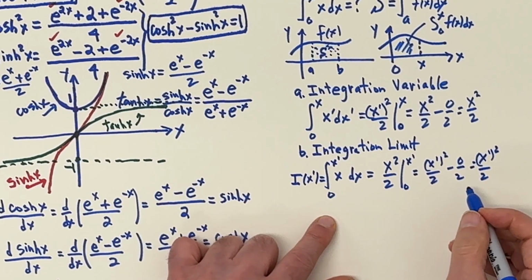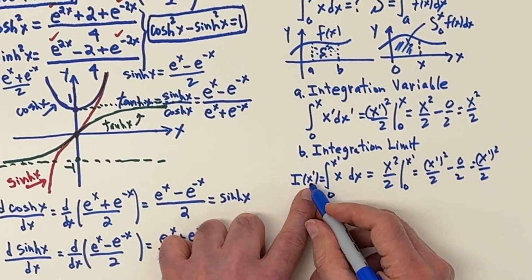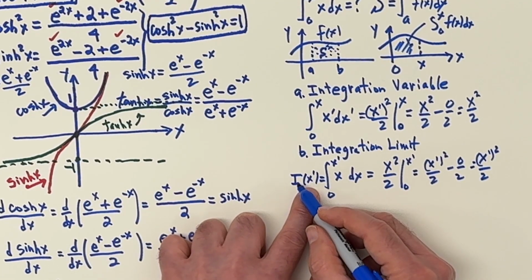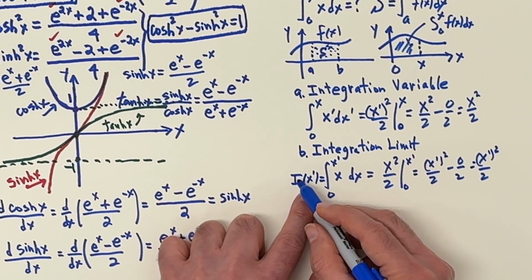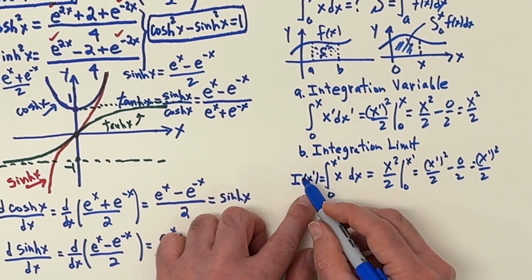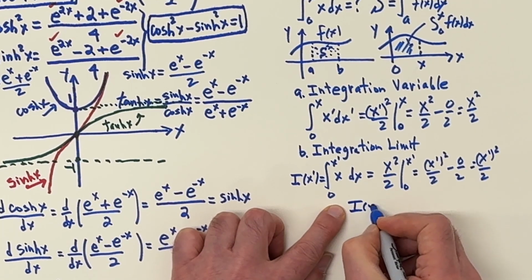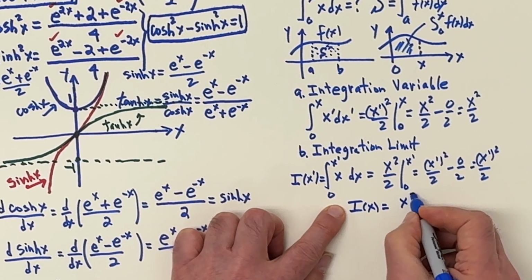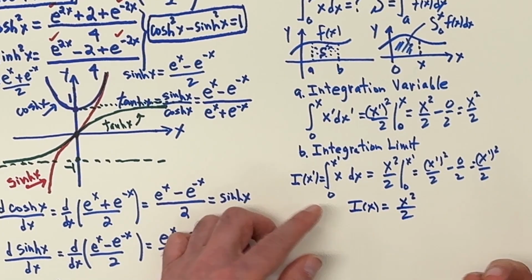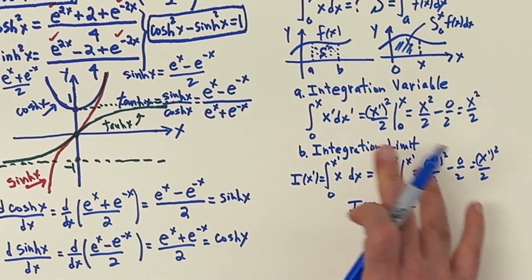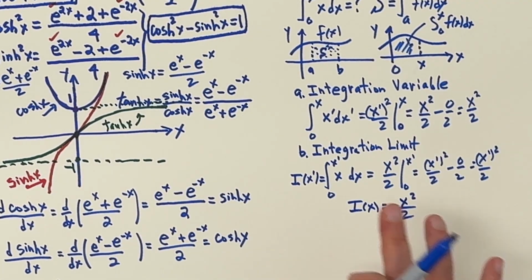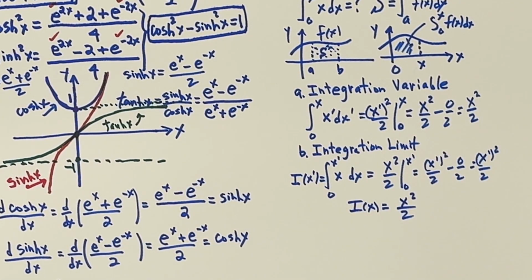Everything looks good. And then what you would do is you say, well, look, that's x prime as an argument for a function, a function of x prime. Let's just change it. Let's just make it x. And if you make it x, then this becomes x squared over 2. Now, these are the clean ways of doing things. Mathematicians would prefer this, and your calculus teacher would probably prefer that.